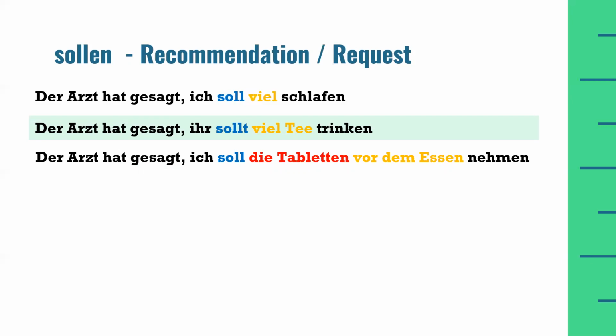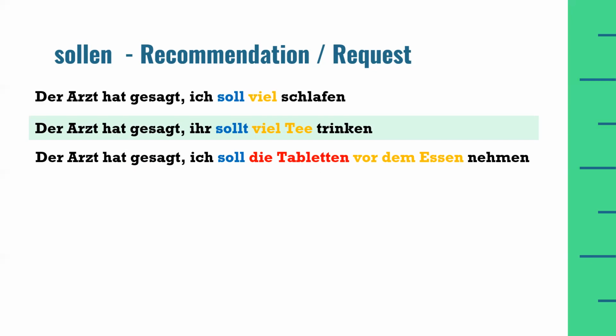Then comes the object, which is die Tabletten. Next part of the sentence is vor dem Essen. Now, vor is a two-way preposition, which means sometimes it behaves like accusative and sometimes it behaves like dative. In this part, it is behaving like dative.